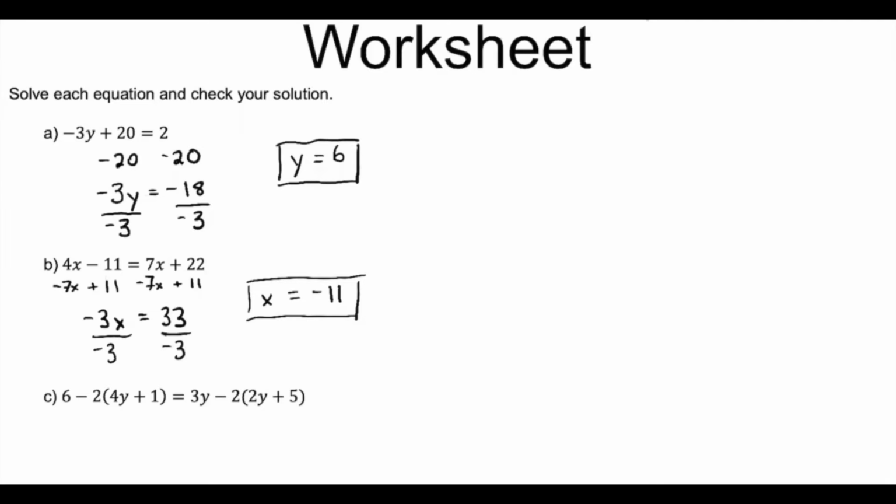Our second example here. Again, we're going to try and isolate our variables on one side and our constants on the other. So to isolate the constants, we need to add 11 to both sides. And to isolate our variables, we're going to subtract 7x from both sides.